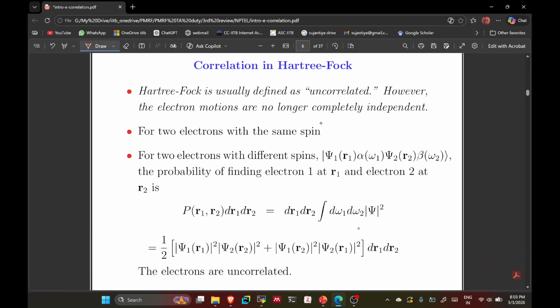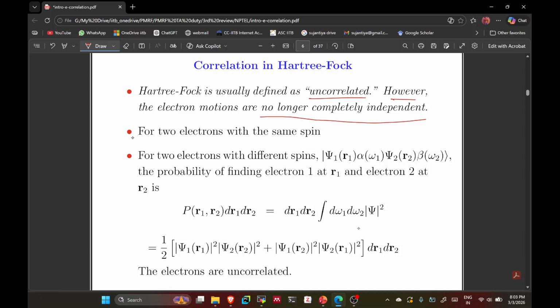Now comes this interesting fact. Hartree-Fock is usually defined as uncorrelated. However, the electron motions are no longer completely independent. So this is the misconception that Hartree-Fock is a totally uncorrelated method, but it's not.